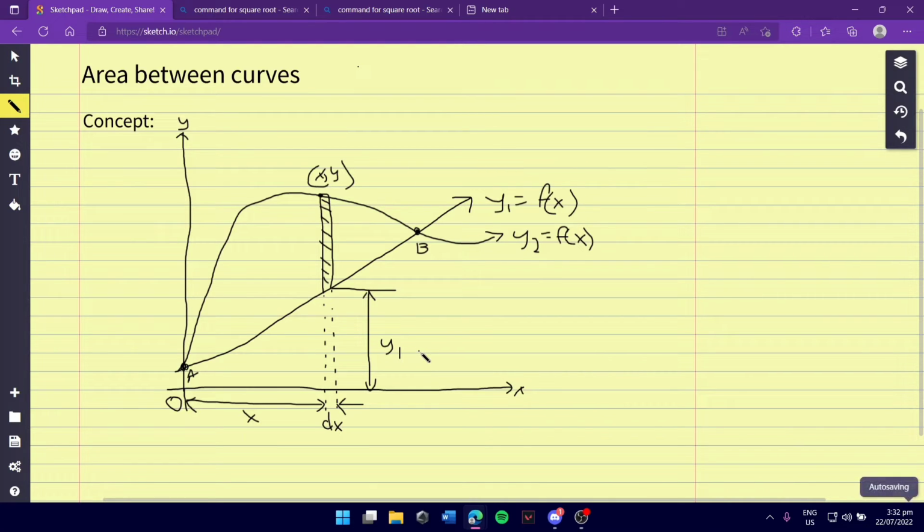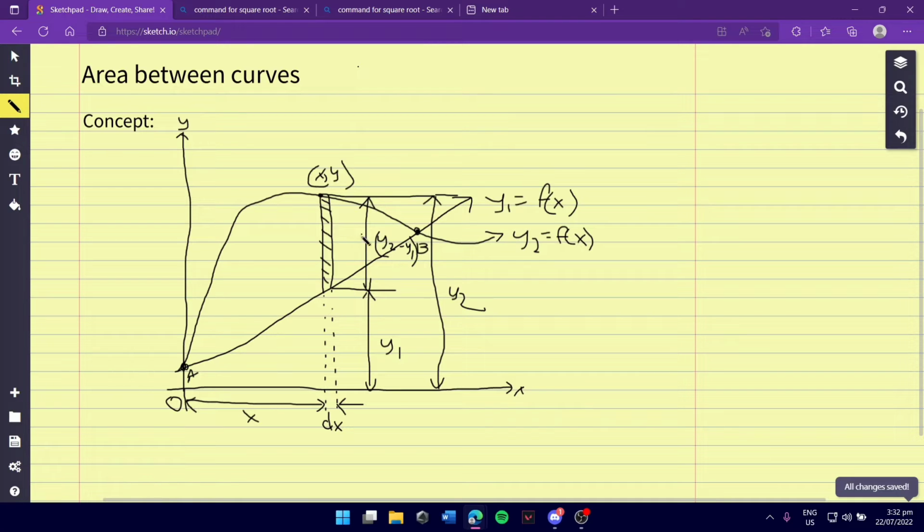And then from the top, since it is from y2, the height here will be called your y2. So the height between your y1 and your y2, since this is your y2 and this is your y1, will be y2 minus y1.